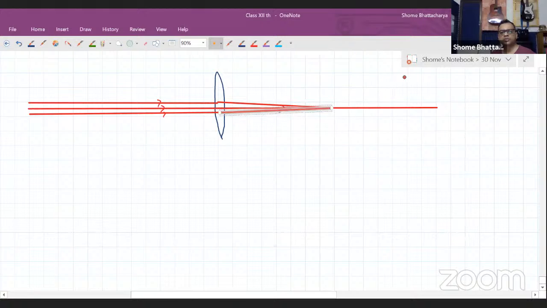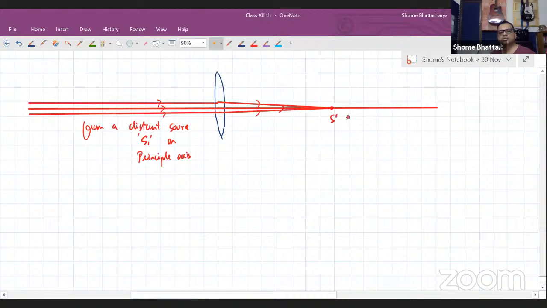The light coming from the source which I had shown as S1, from a distant source S1 on the principal axis, has its image formed, S1 prime, at the focal length.